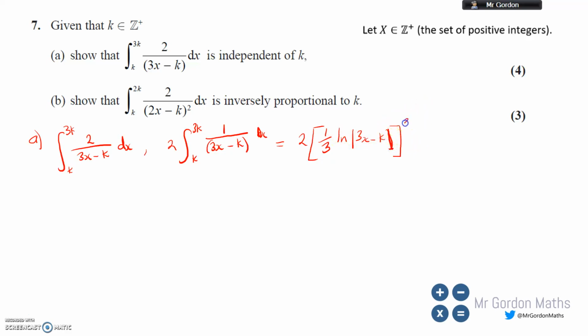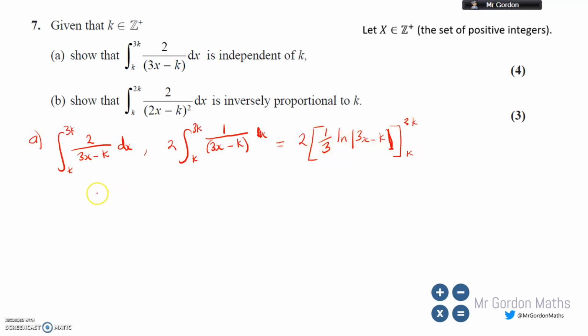Put the limits back on, 3k and k. So we've got to run our limits through this and see what happens. The 2 times the third gives me 2/3 ln.